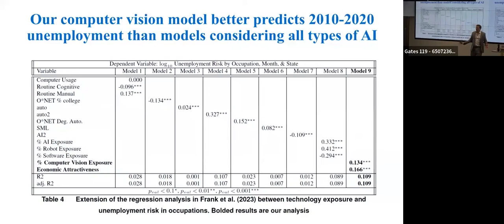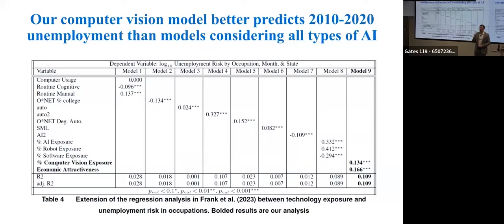So they're aggregating up unemployment risk that has happened at the state level. It's at a pretty aggregated level, the 2-digit SOC level, so pretty high level. But what you can see is that our measure here, even though we're only predicting computer vision, explains more of the variance than do these other measures.